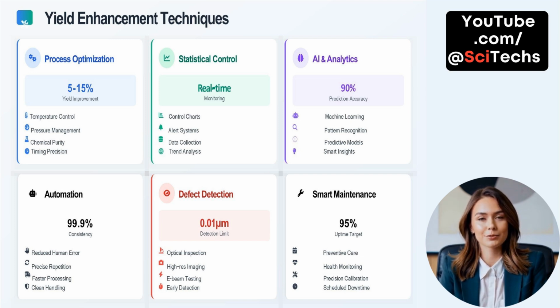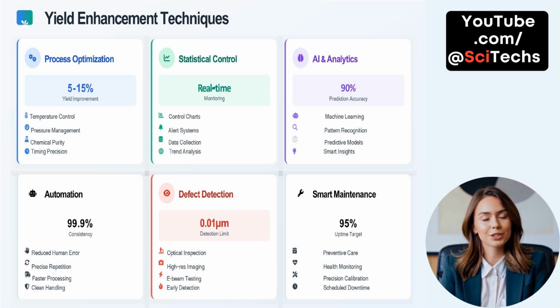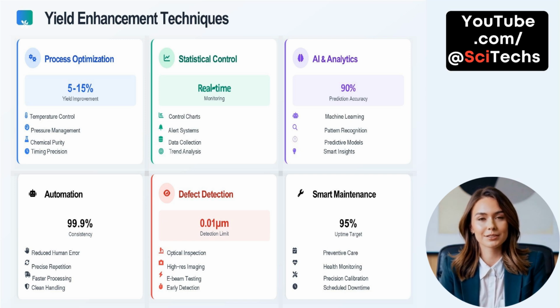AI and analytics further enhance this by applying machine learning, pattern recognition, and predictive models to generate smart insights with up to 90% prediction accuracy. Automation increases consistency to 99.9% by reducing human error, ensuring precise repetition, speeding up processing, and improving cleanliness.